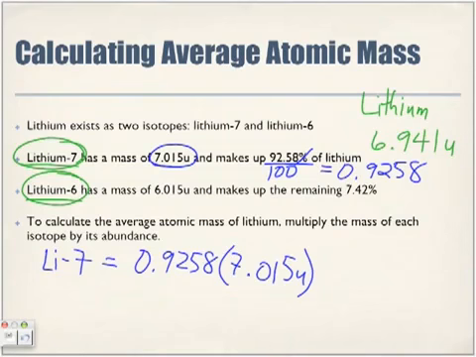So what we're trying to do, think back to elementary math when you were asked to find percent of a number. Find 5% of 20. So what you're trying to do is find 92.58% of this mass.